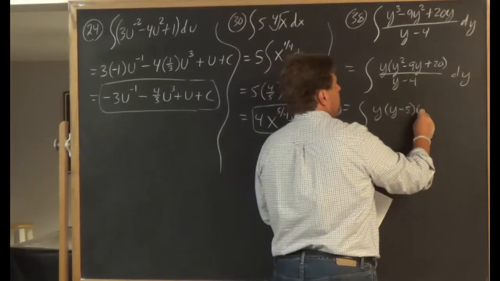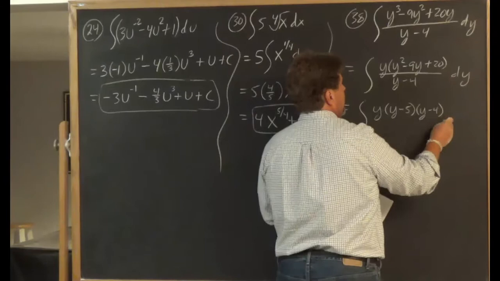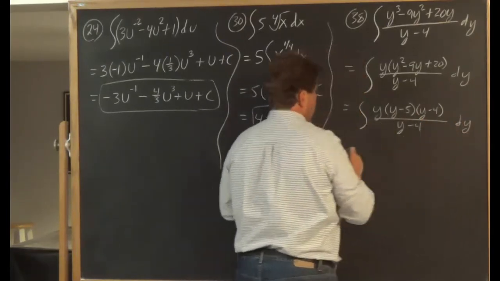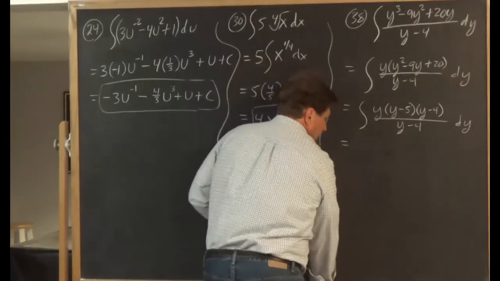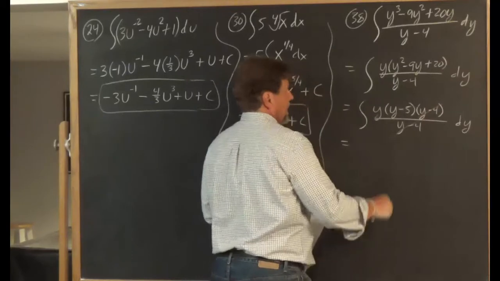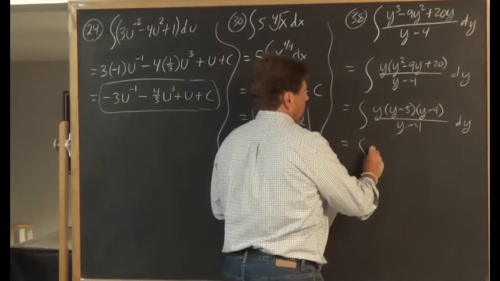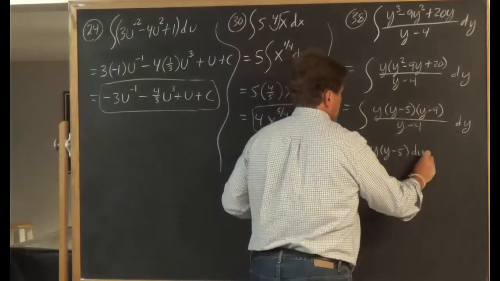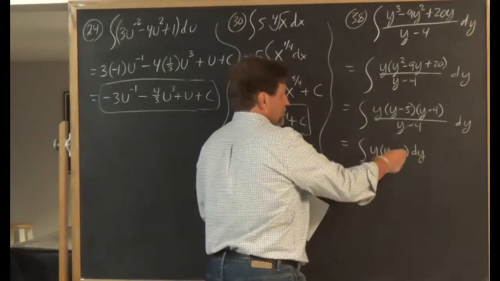I think it factors to y minus 5 times y minus 4. And now we see a neat thing happens. The y minus 4's cancel out. So I'm left with integrating y times y minus 5 dy. And now I would distribute.